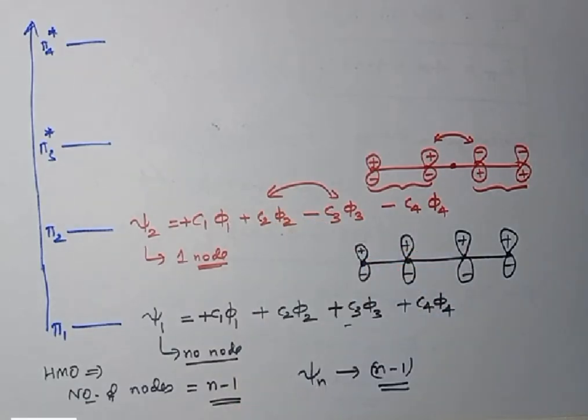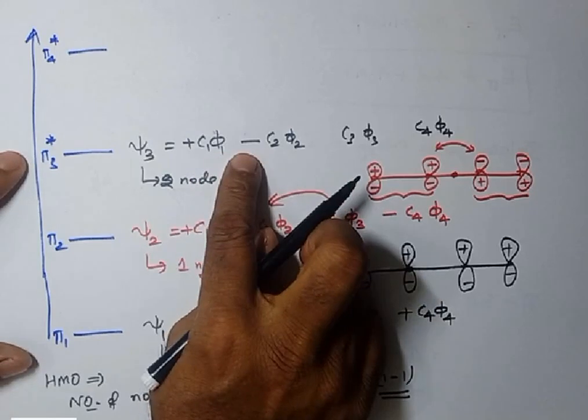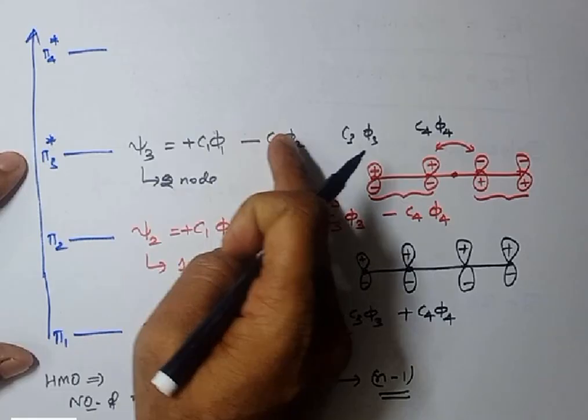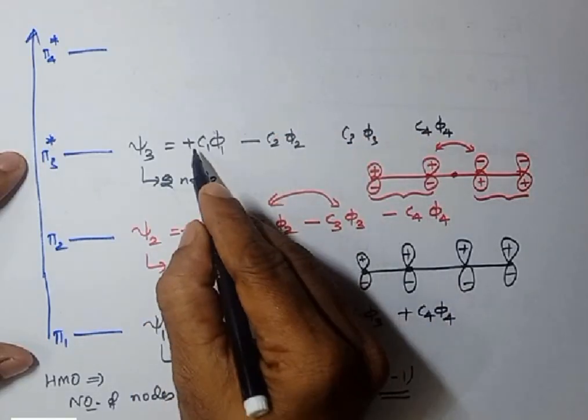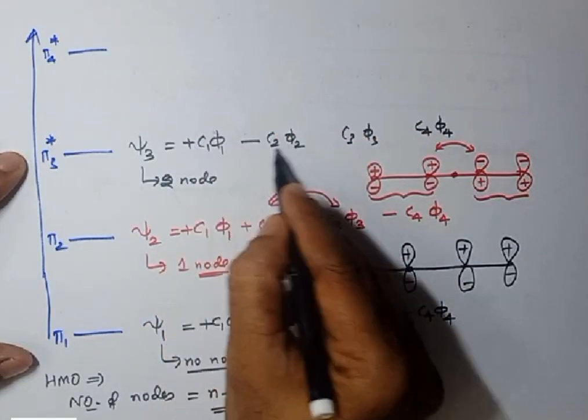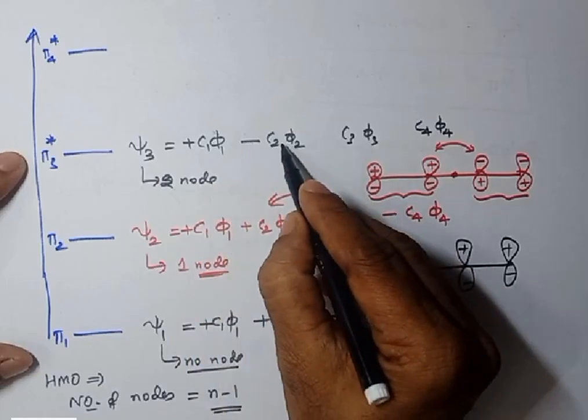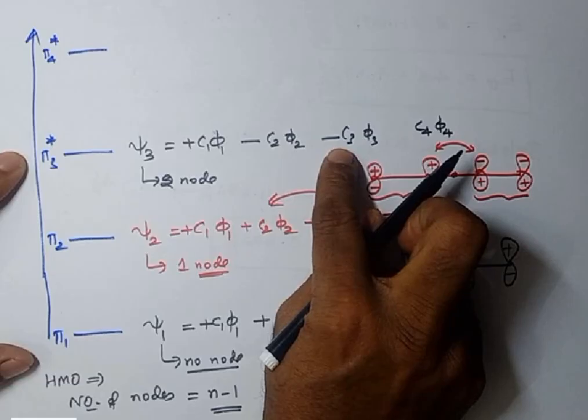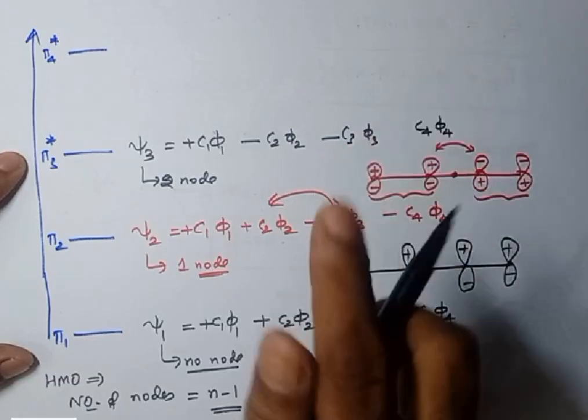Between these, we have a node. Psi3 has two nodes, so we have to place the node between 1 and 2 and 3 and 4. So, plus 1 is plus, second one is minus, so there is a node. Then between 2 and 3, there is no node, so you should keep the sign as such. Then between 3 and 4, we have one node.